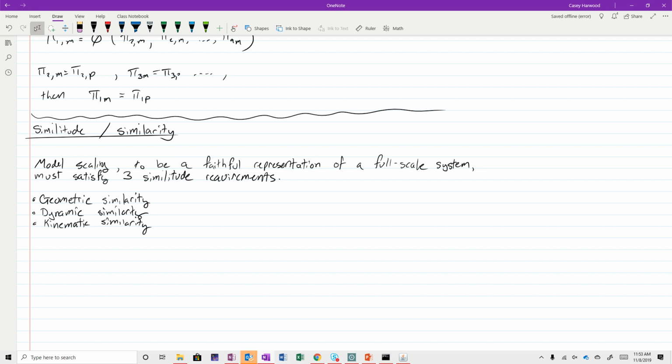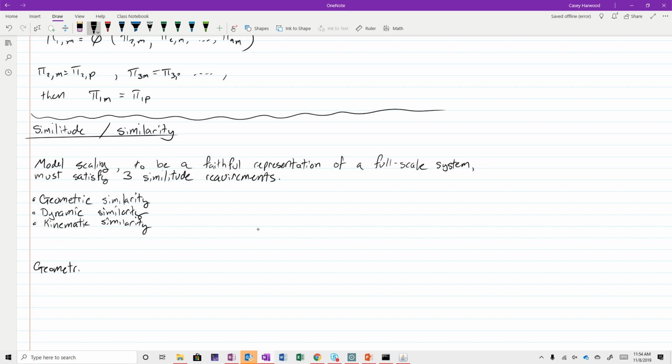And so we're basically saying that for a problem to be accurately scaled, the shape has to be similar. Okay? The forces acting on our system have to be similar. And the way that movement occurs in our system also has to be similar. So if those three things occur, there's no other way that the physics can differ between our model scale and our full scale.